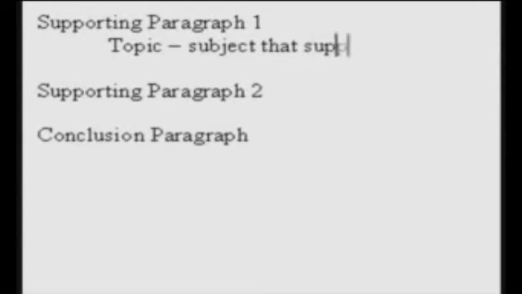So also within the supporting paragraphs there are sentences that have specific jobs. So the first sentence in supporting paragraph 1 is the topic sentence. And this includes the subject we will use that supports our thesis.